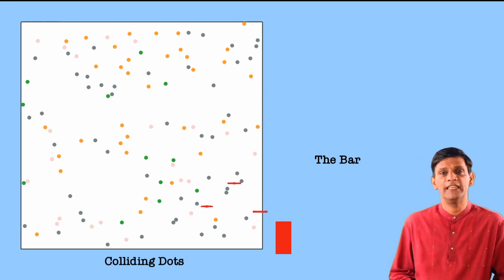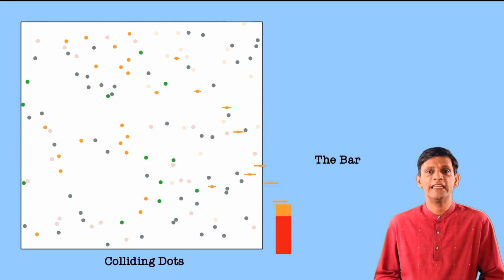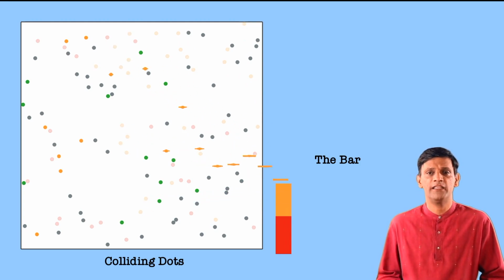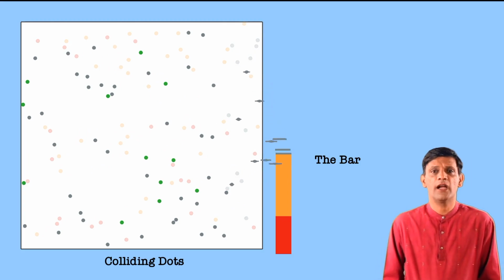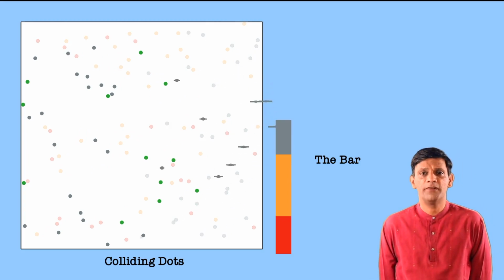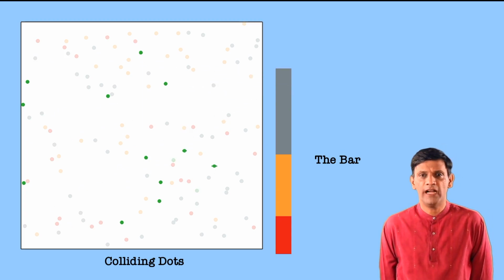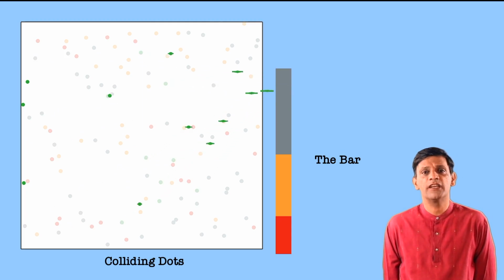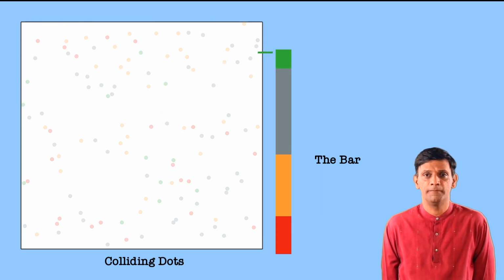After that, it keeps a count of the orange dots representing the asymptomatic infected people. Then it keeps a count of the gray dots representing the number of people who are susceptible. And finally, it keeps a count of the green dots, the people that have recovered from their illness.